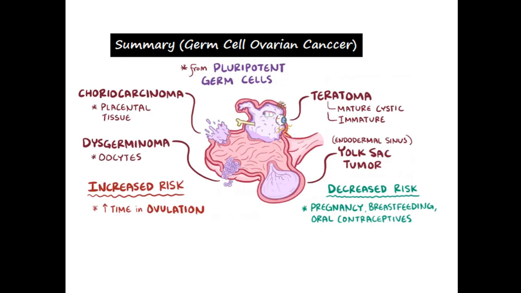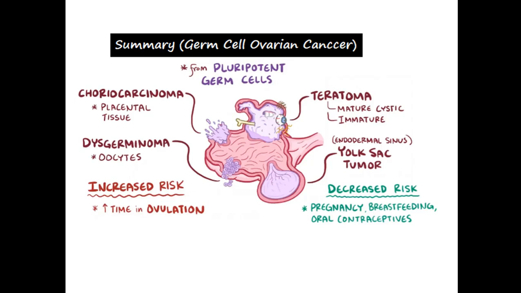To summarize the germ cell ovarian tumors, we can say that they arise from the precursor pluripotent germ cells. There are 4 types: teratoma, which may be mature cystic teratoma, which is not so serious and affects younger women, and in comparison, the immature cystic teratoma, which is severe, aggressive, and easily metastasizes.